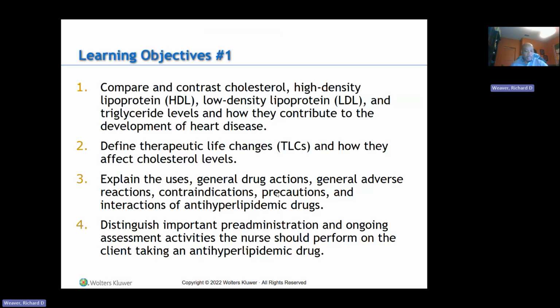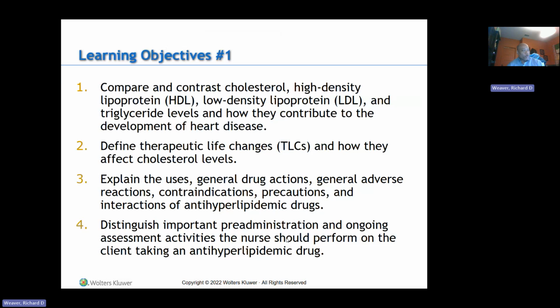And as you all know, this can lead to coronary diseases or cardiovascular diseases, along with even strokes when you think about it, because the arteries are basically being clogged up with all the plaque from the cholesterol.